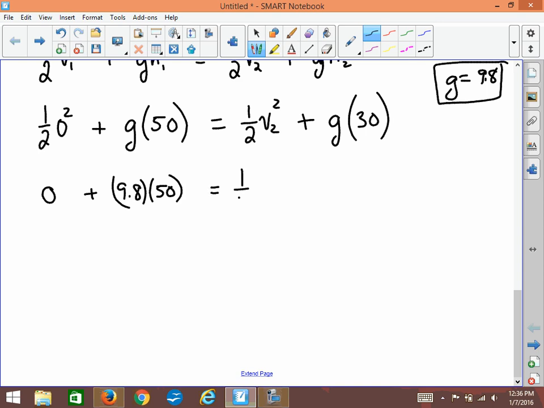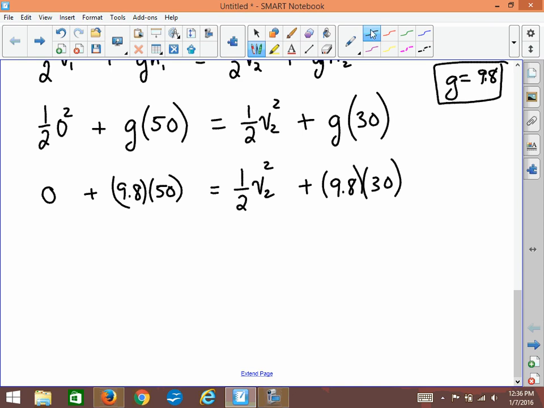Over here, I still can't do anything to this because I don't know anything about it, so I just have to leave it alone. But over here, this would be 9.8 times 30. Well, now the math is kind of telling me what to do, isn't it? It says, you see those brackets you have there? Multiply them.